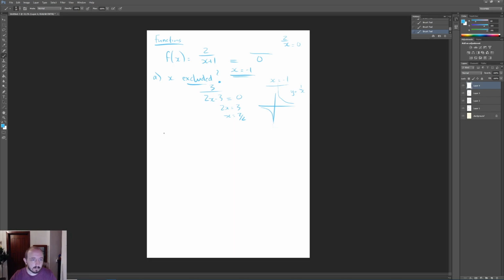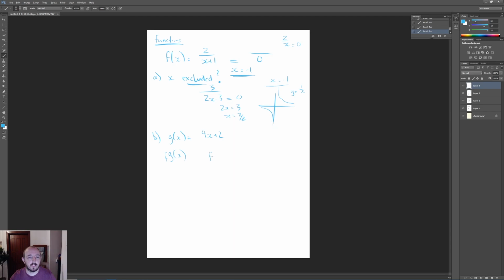Then we have something like g of x equals, I don't know, 4x plus 2, and it says find fg of x. So we take g of x, which is 4x plus 2, and we put it into f.